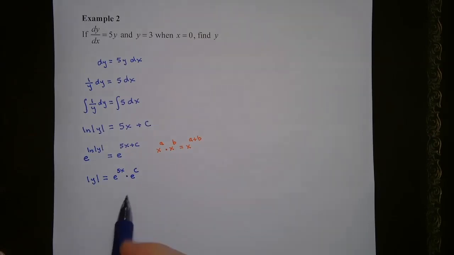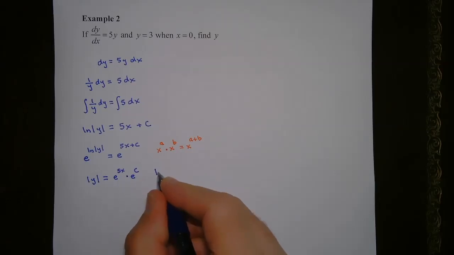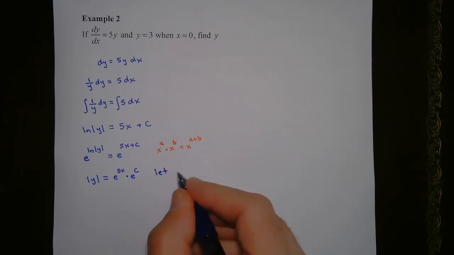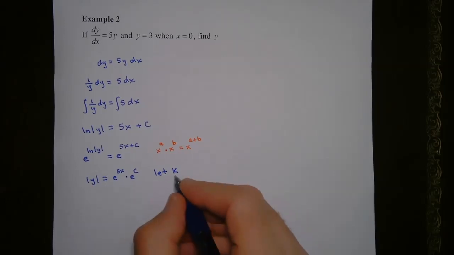All right. Now, the next thing we're going to do is, e is a base as a constant and c is a constant. So I'm going to make this a little bit simpler on us by just calling this a different constant, okay? So I'm going to say, and you would need to state this, let k, and it wouldn't have to be k, you could call it capital A or something else, okay?